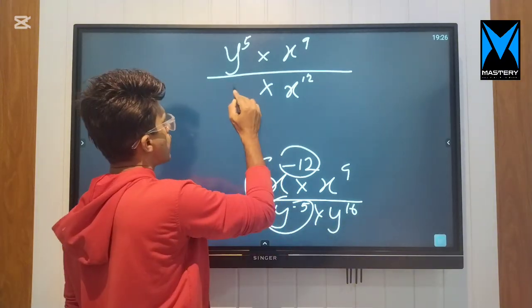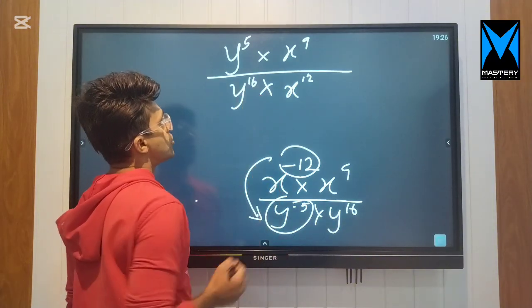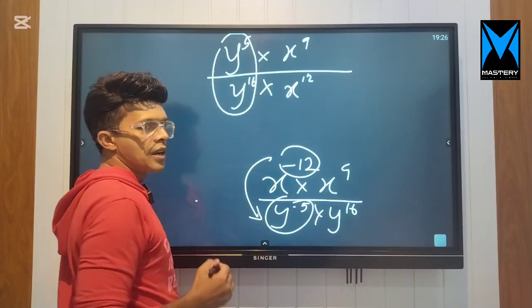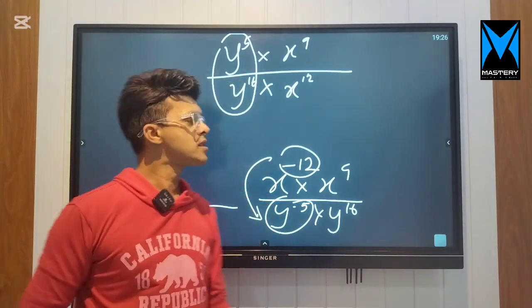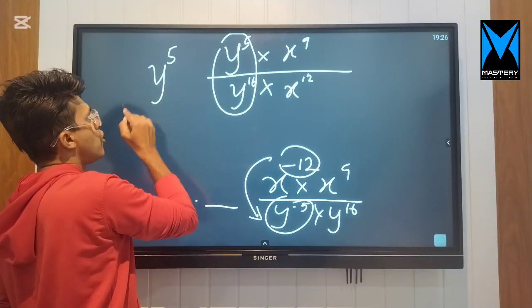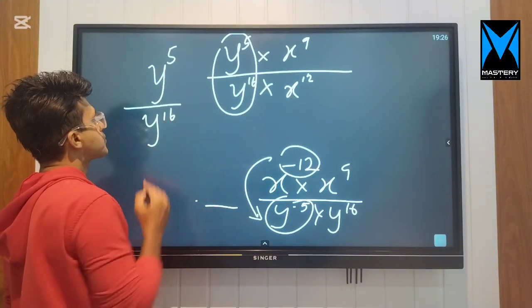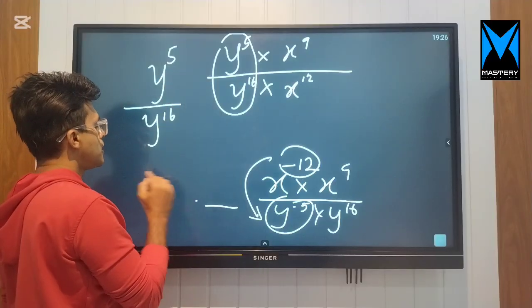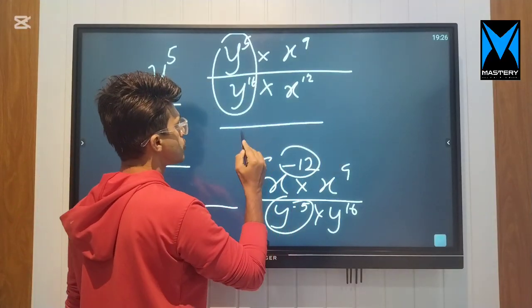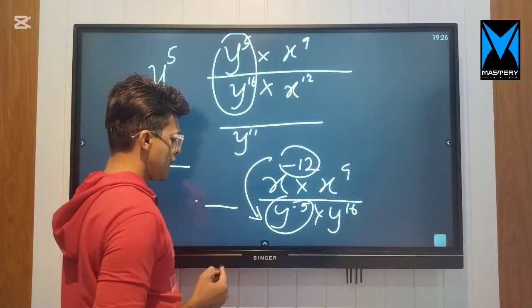This is not changed, it is y to the power 16. Now we could simplify. The greater value of the index of y is found in the denominator, that is y to the power 5 over y to the power 16. 16 minus 5 is 11, so 11 you need to write in the denominator.